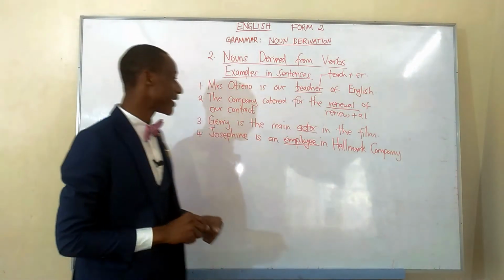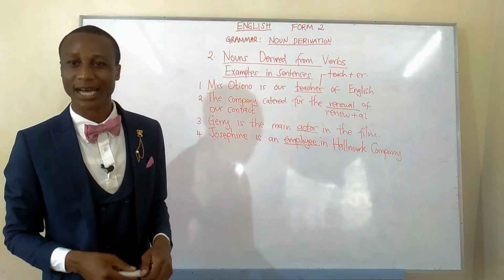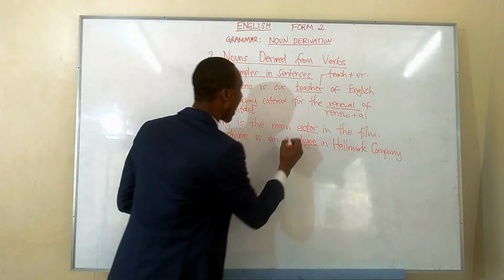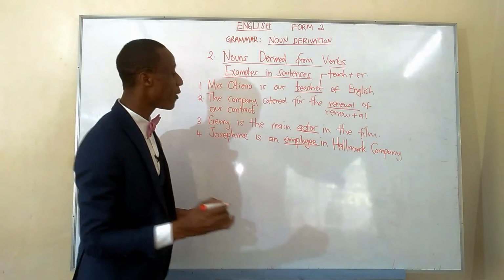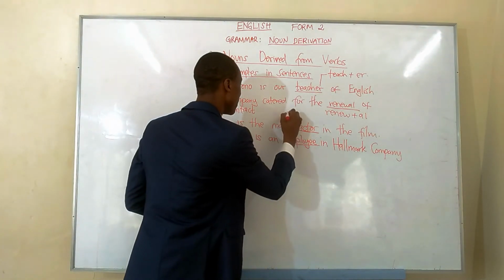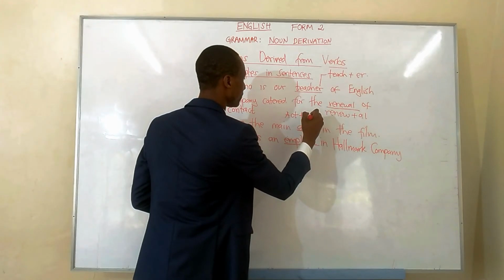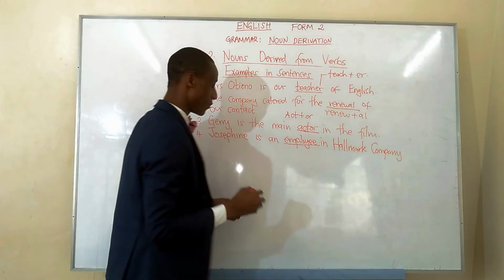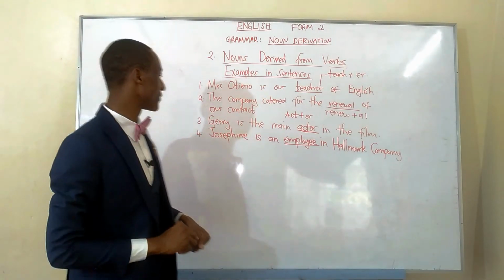Good. Next, Gary is the main actor in the film. Main actor. This is the noun formed from the verb act and the suffix or, making the noun actor.